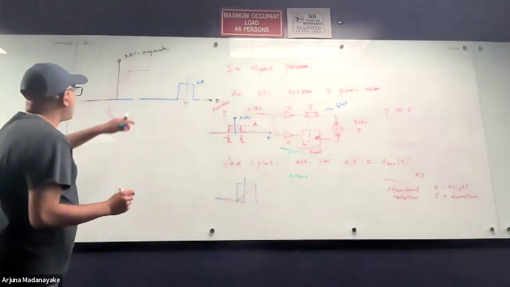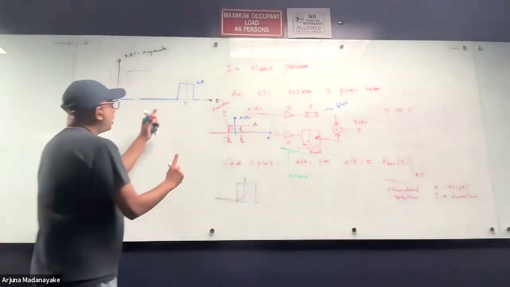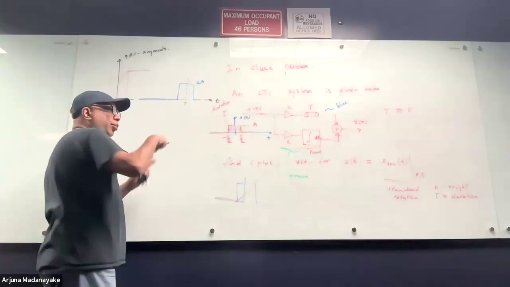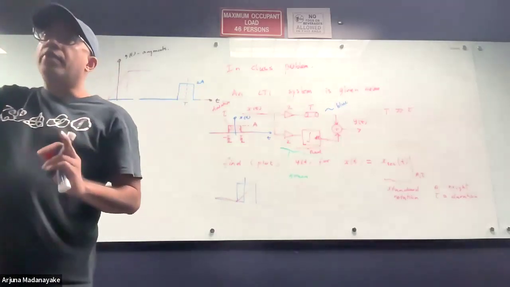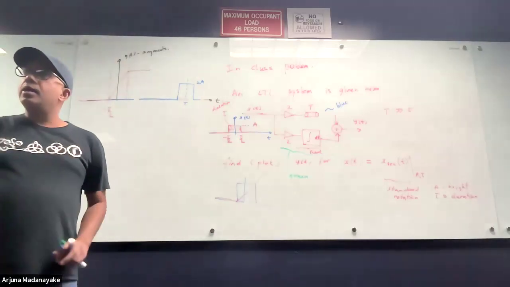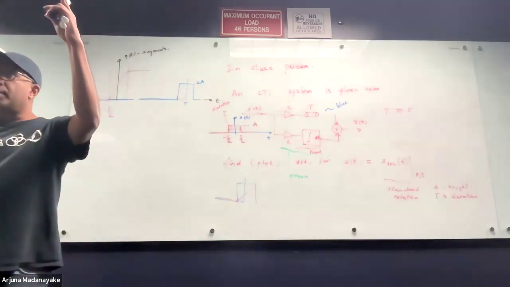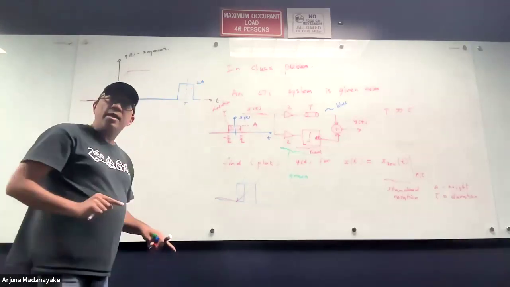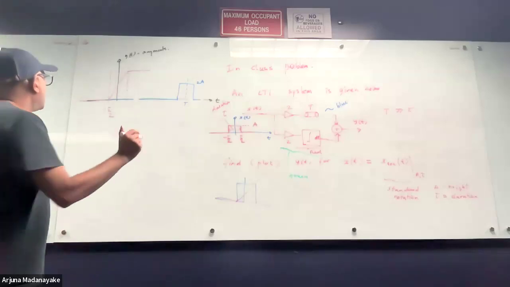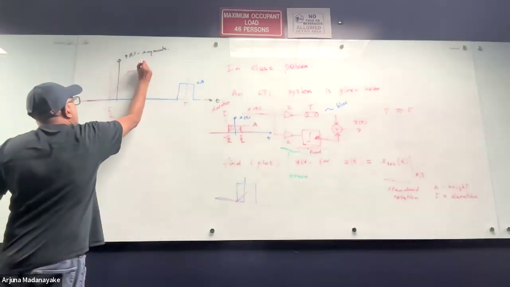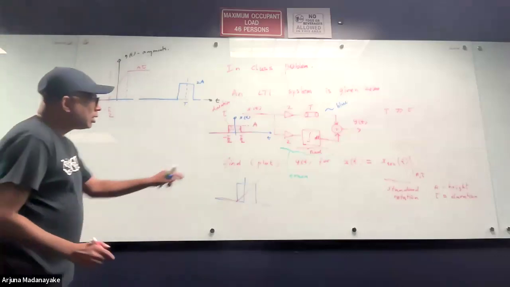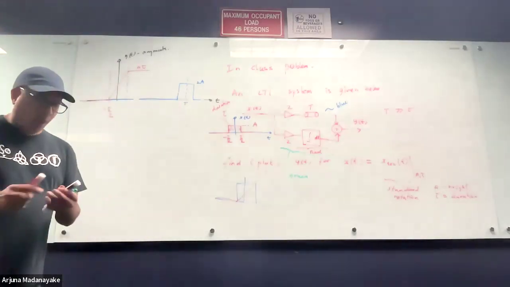So what is the maximum value? It starts with 0. By the time it's gone all the way to plus tau by 2, this whole square region is now covered, right? The area of a rectangle is one side multiplied by the other side. So this side is tau, the height is a, so it's a tau. So this point is a tau in height, correct? So my green curve will be simply twice of that.